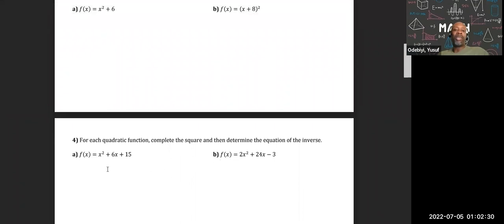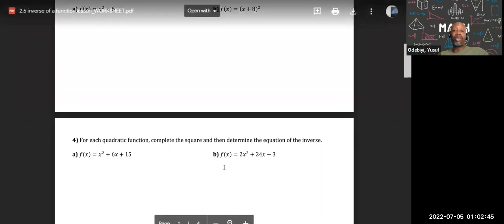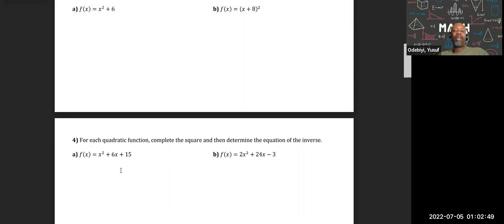Again, this one is saying determine the inverse function. Like I said, with this one here, it's easier to first turn it into vertex form, like I said earlier in the video, because then you have only one Y to deal with.